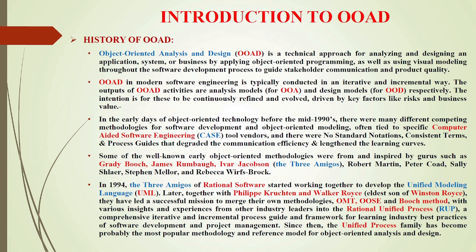Nowadays, we all are producing it under a catchy name called UML, but in the olden days, we used to call it CASE tools. There were no standard notations, consistent terms, or process guides, which degraded communication efficiency and lengthened the learning curves.